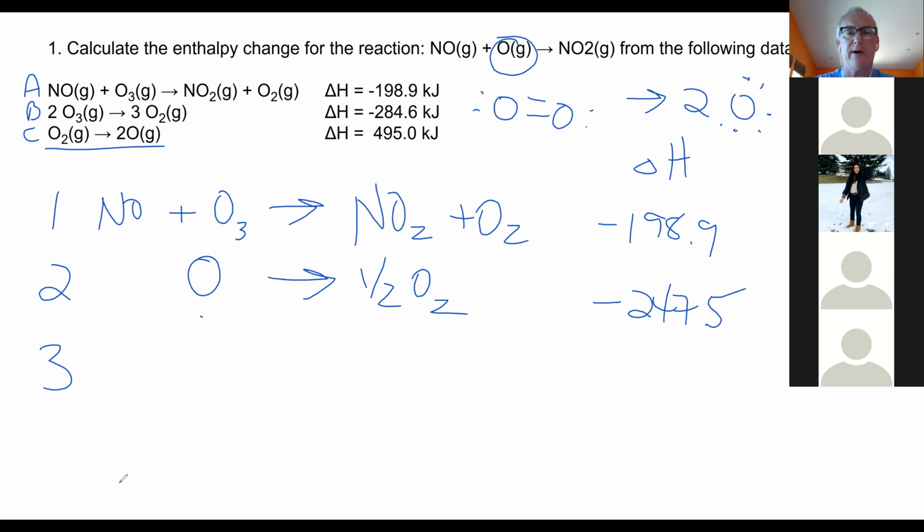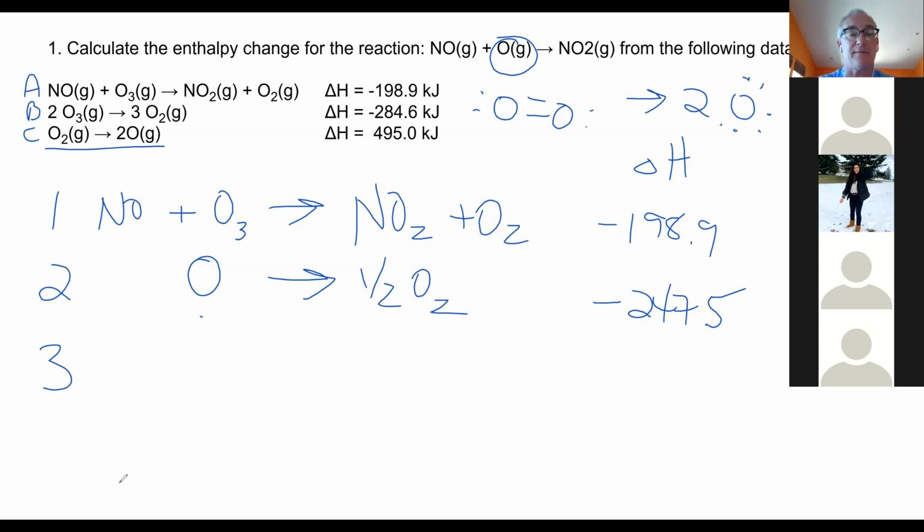Where do I have ozone? O3. I've got ozone in reaction 1, right? And that's the only place I have it. Also B. Well, B we're not dealing with now because, yeah, that's okay. Yes, that's where we're going to get it.